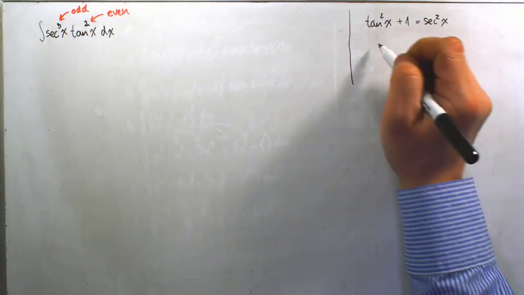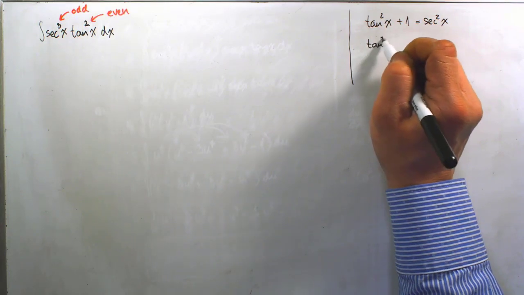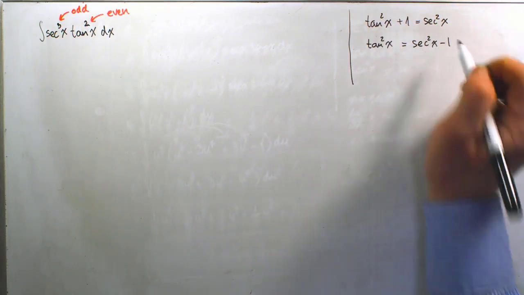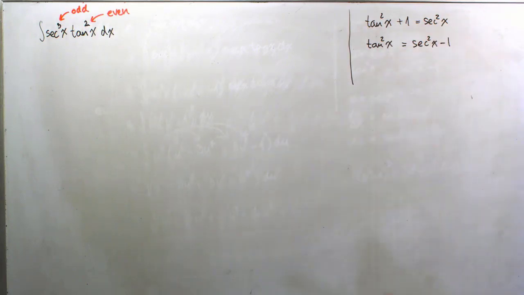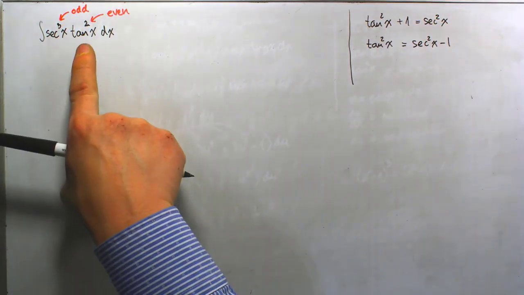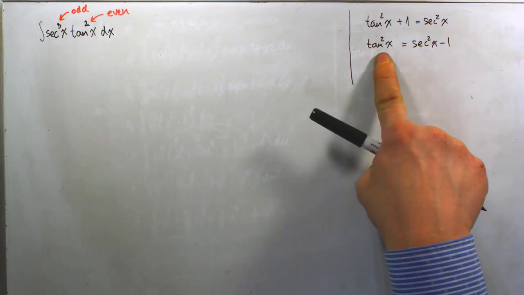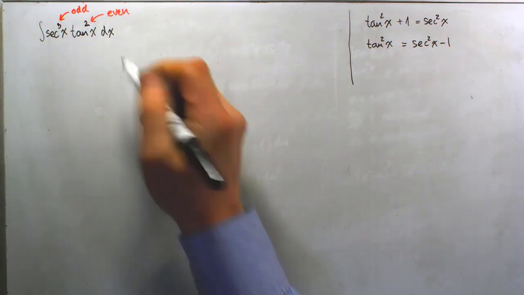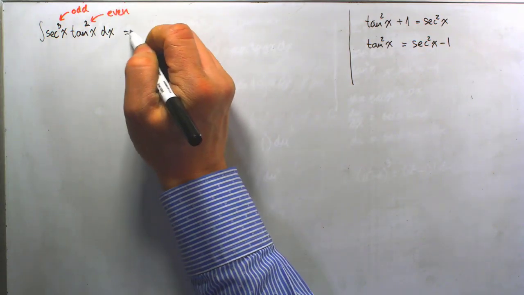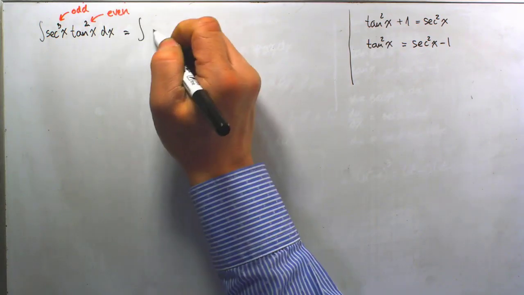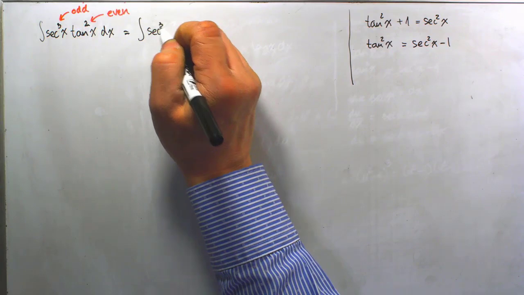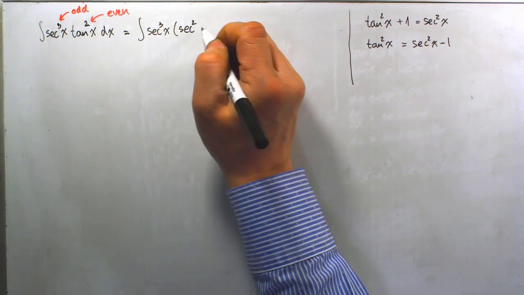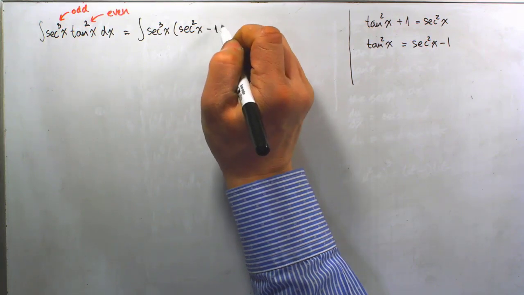And so we can rearrange tangent squared of x to equal secant squared of x minus 1 after subtracting 1 from both sides. I am now going to substitute the tangent squared of x by secant squared of x minus 1. So in the next step, the integral becomes secant cubed of x times, now, secant squared of x minus 1.